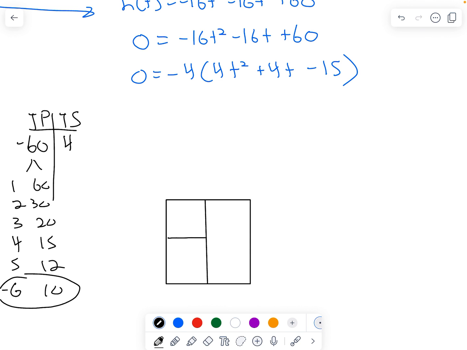Now, because my a value is greater than 1, I need to be careful. I need to use the box. So I'll put my negative 6 and my positive 10x into my box, factor out my greatest common factors. Now, I knew I would do this. I replaced the letter x with the letter t. There we go. My greatest common factors here are 2t and 5, 2t squared and negative 3.